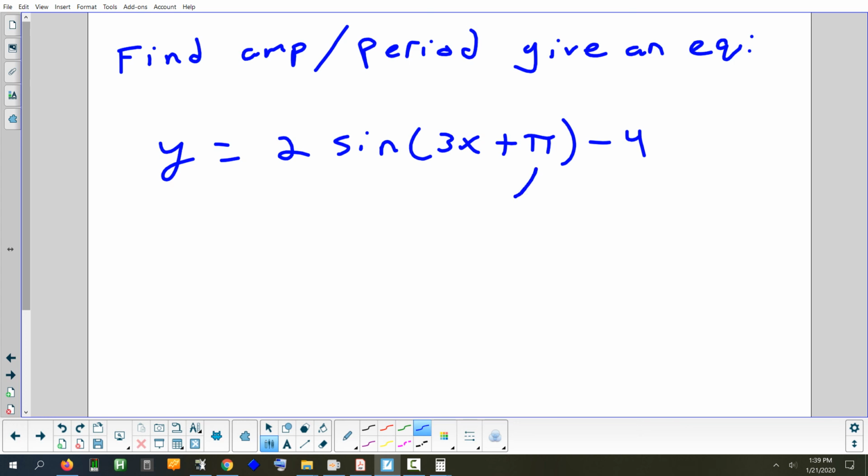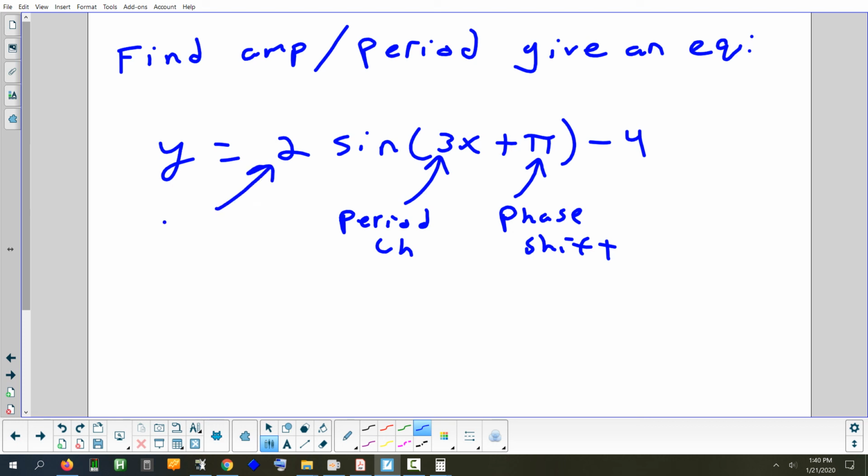There's a phase shift, which has nothing to do with amplitude or period at all. There's a 3, which is a period change. That has everything to do with the period. That number is very important. 2 is an amplitude change. That number is very important for the amplitude. And this -4 is a vertical shift, which has nothing to do with either the amplitude or the period.